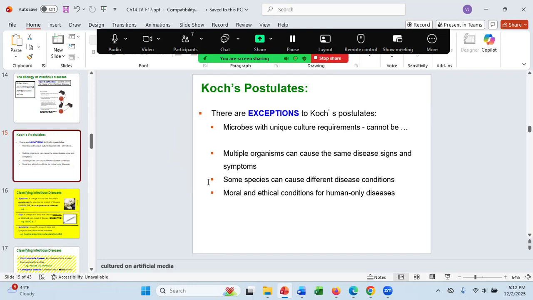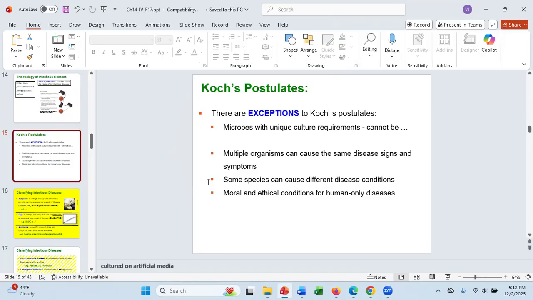And an example of that, for over 100 years, people were trying to get, oh gosh, let me see what its name is. Treponema pallidum, the bacteria that causes syphilis, to grow in vitro.